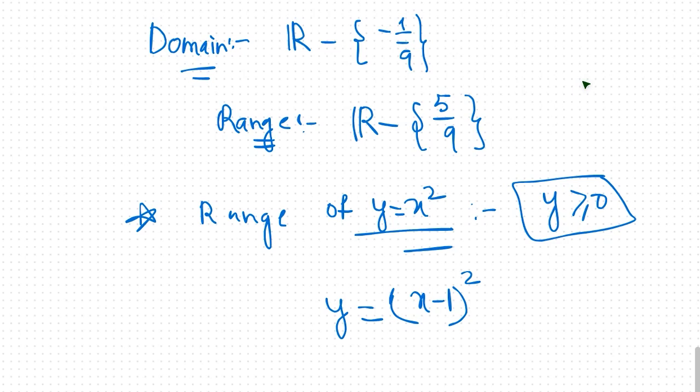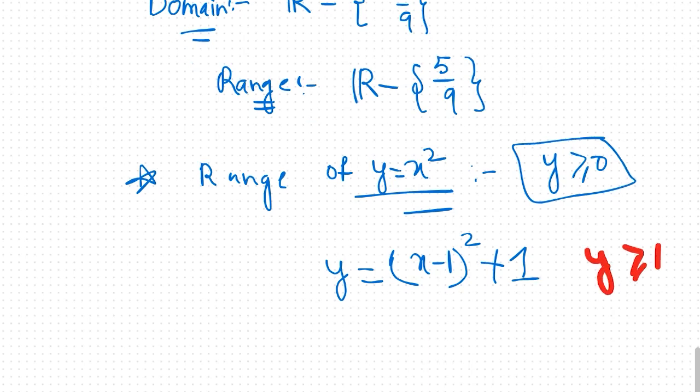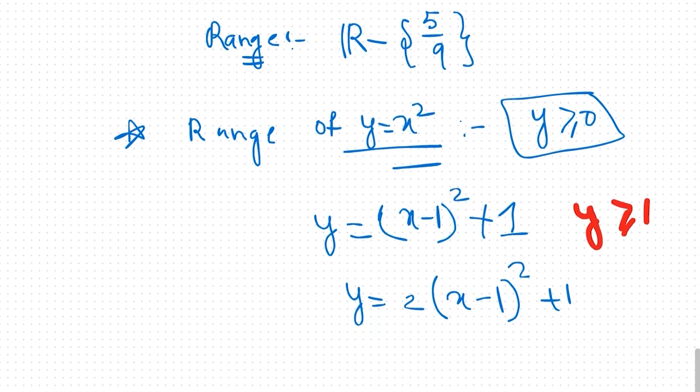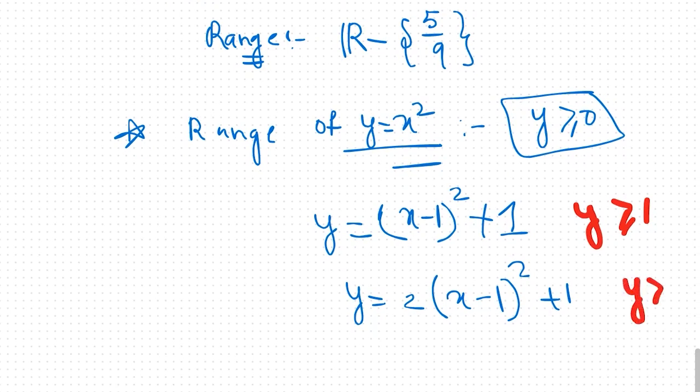Still same. What about like this? Y is greater than or equal to 1. What about 2 times x minus 1 whole square plus 1? Y is greater than or equal to 1. Still 1, right? So this is about quadratics, domain and range.